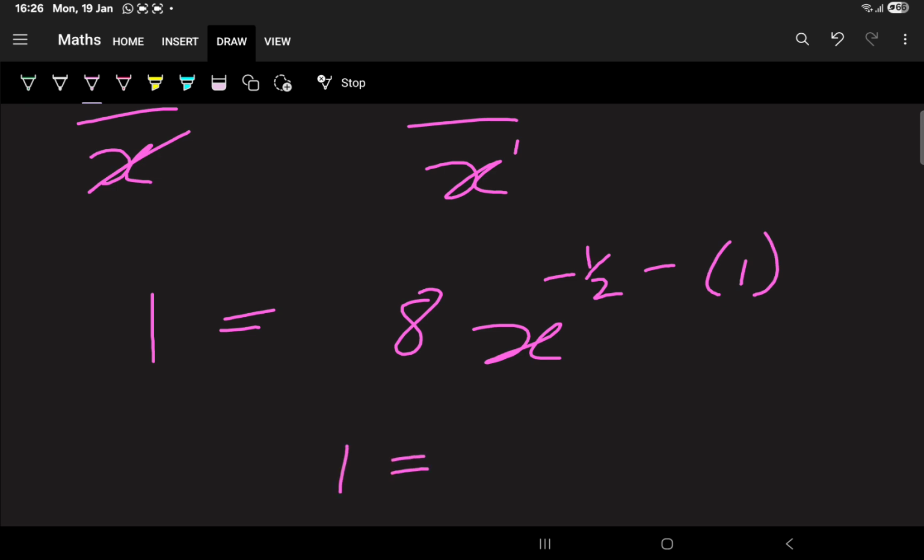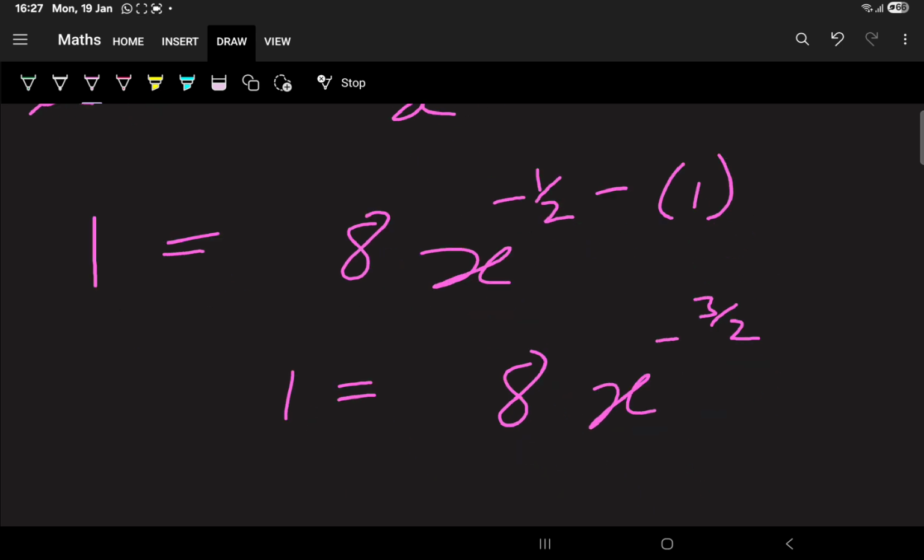Now 1 is going to equal to x. Simplifying this right over here, I have it to be negative 3 over 2. Sorry. X to negative 3 over 2.